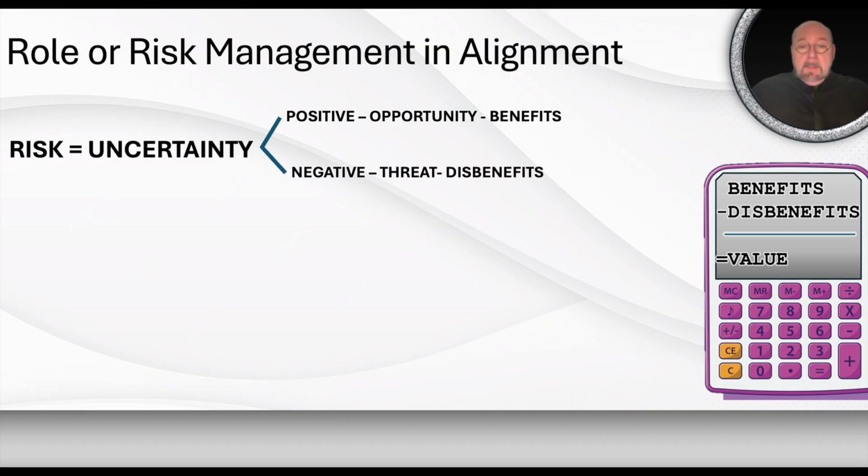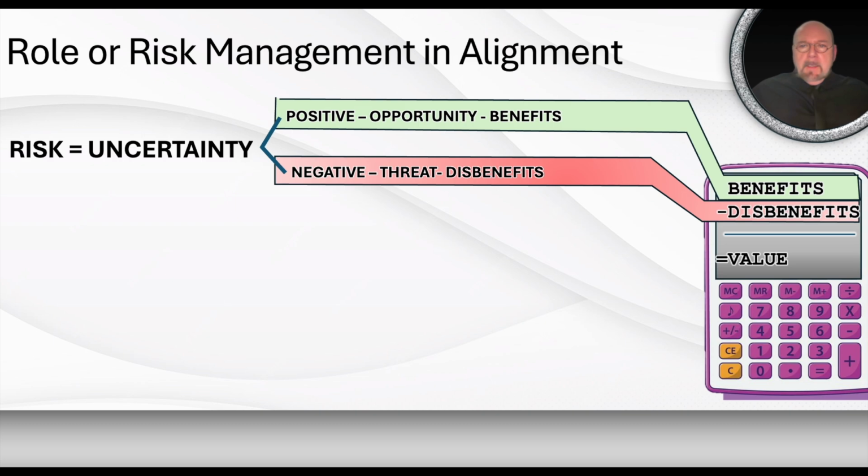And risk can be negative, which is called a threat and provides us with disbenefits, bad things. And then, as you can see there, risk management plugs directly into the business value proposition. We are focused on benefits versus disbenefits because those two things considered together gives you value.